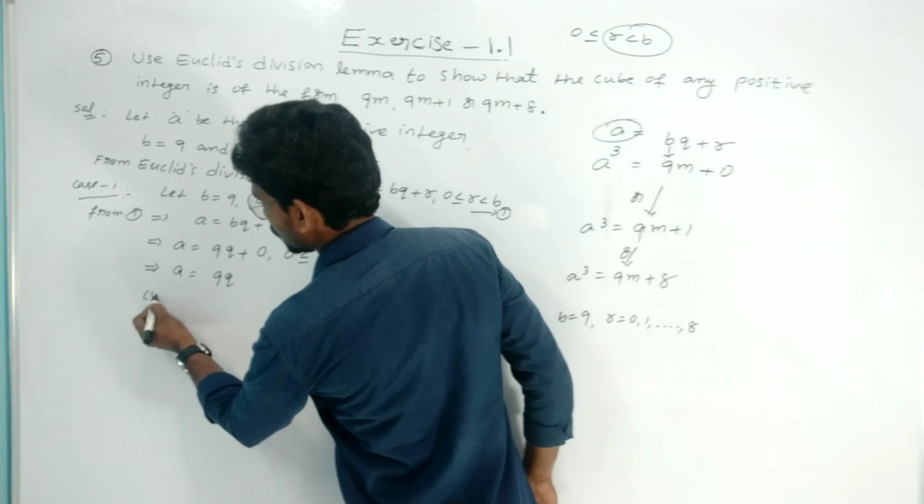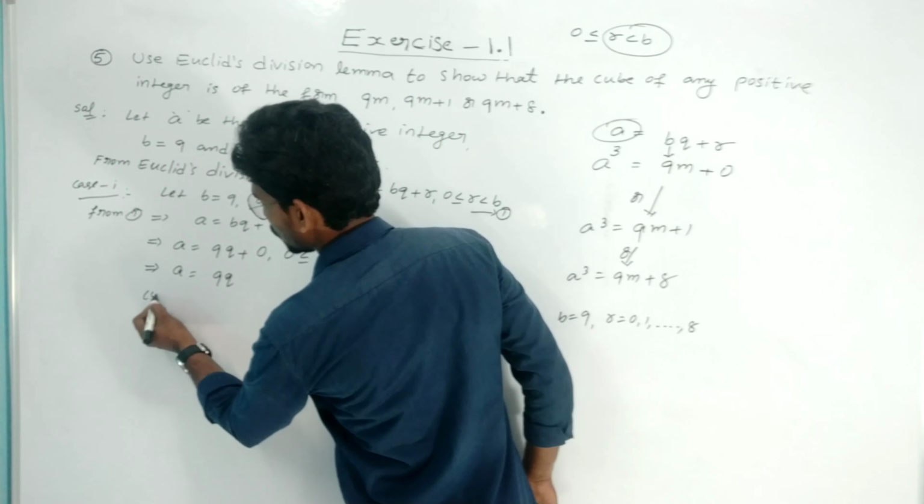In the first three terms, 9 is common. Now taking 9 common, in the 9 table, 729 is 81 times q cube, plus 243 is 27 times q square, plus 27 is 3 times q, plus 1. That implies a cube is equal to 9m plus 1.